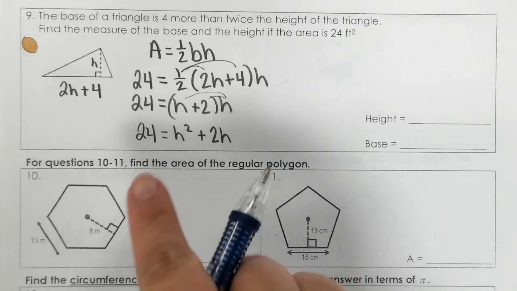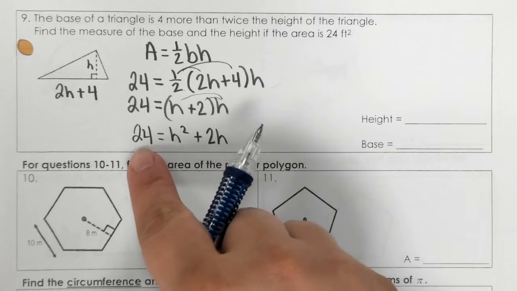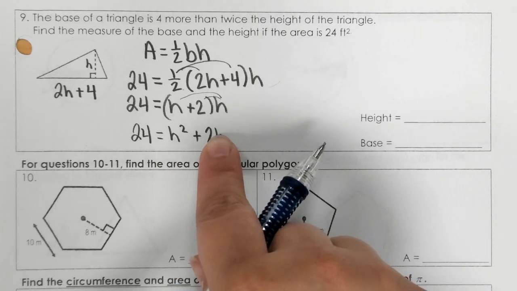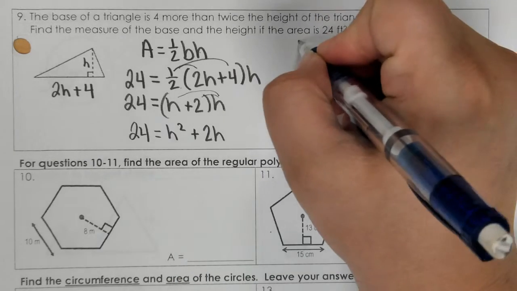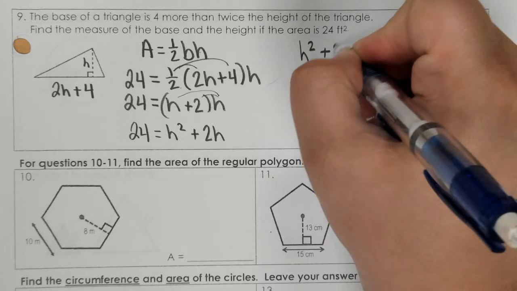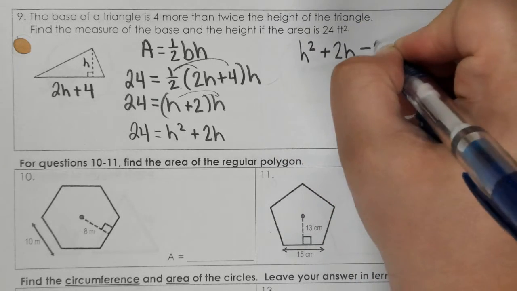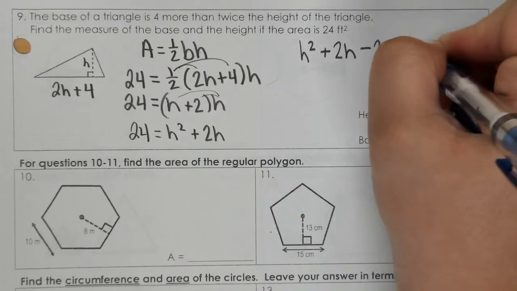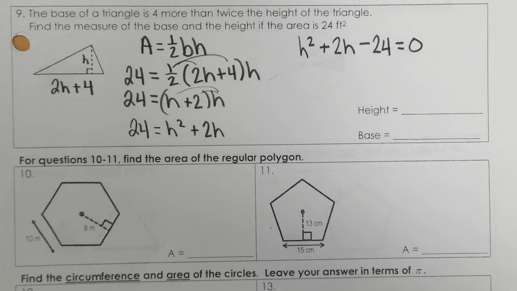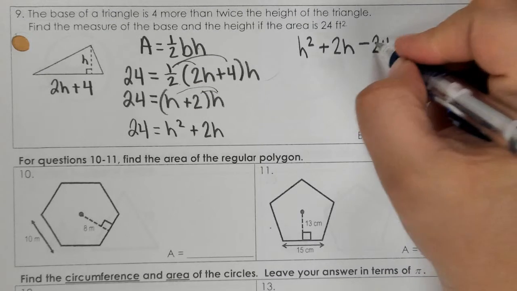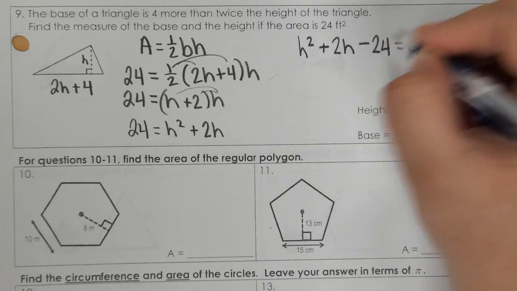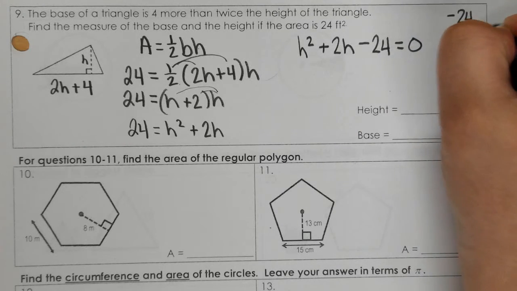But now we need to have that into standard form, so we're going to bring that 24 over by subtracting it. So h squared plus 2h minus 24 equals 0. So I need to do an x factor on this problem, so that would be negative 24.